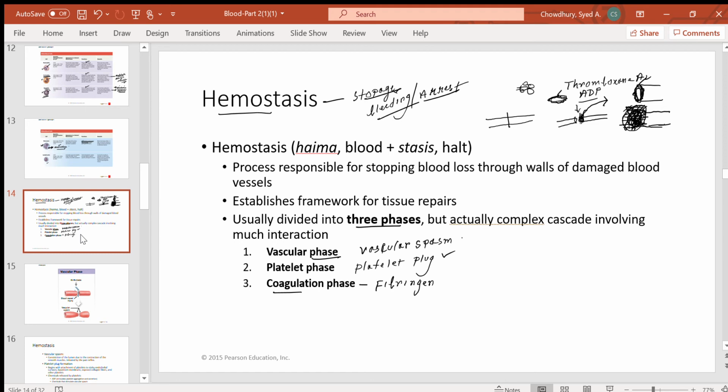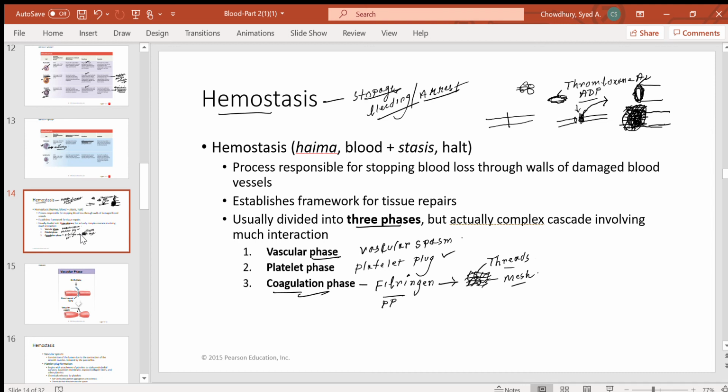fibrinogen, you must remember this is a plasma protein, to fibrin threads, and many fibrin threads will be formed and they will get attached to each other to form the mesh. So fibrinogen will first form the threads, and fibrin threads will get attached to each other to form the mesh, and this mesh will cover the whole clot.